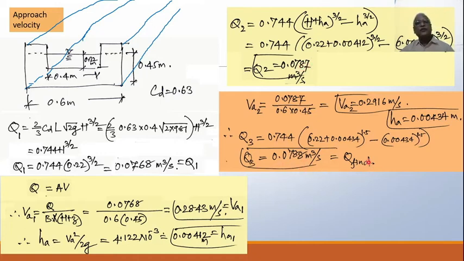Because of that, we stop there and give this as the final value of discharge. So this is how approach velocity works. And what you should remember is this equation, which is the plain equation 0.744 h raised to 3 by 2, becomes h plus ha raised to 3 by 2 minus ha raised to 3 by 2. Minus is important, you should remember, for rectangular channels. That's all.